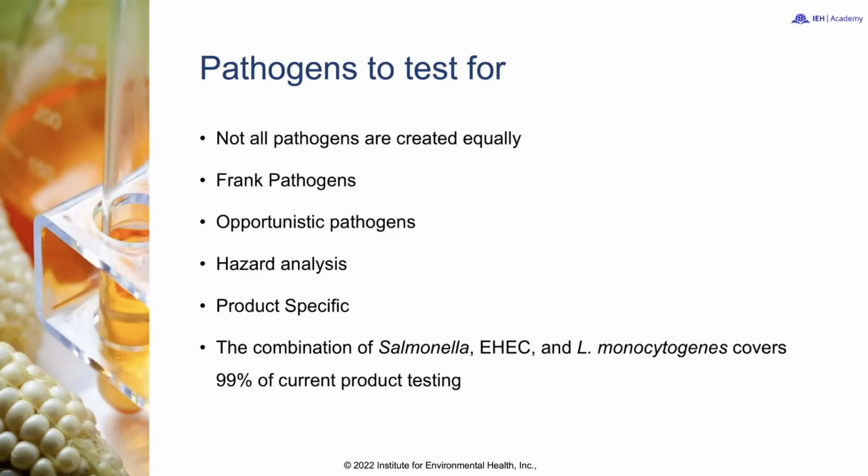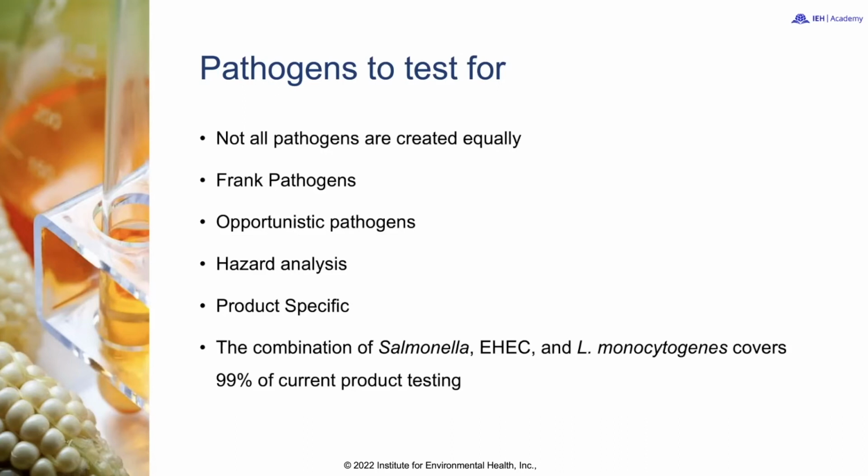Those are slightly different from what we call opportunistic pathogens. These typically require either high levels or high dosages to cause illness in humans, or in some cases, they require that the human be in some age group where they're immunocompromised, or on cancer treatment, or for some reason their immune system is depressed.